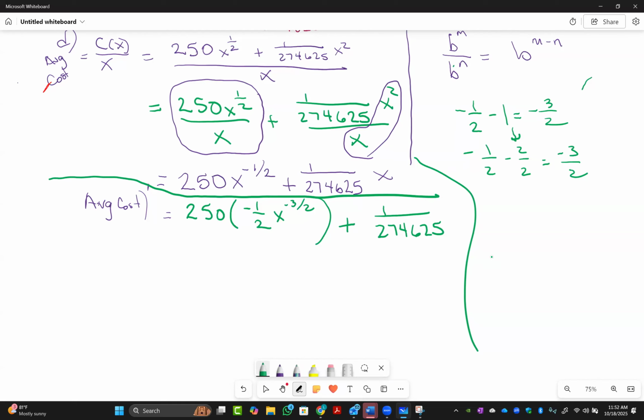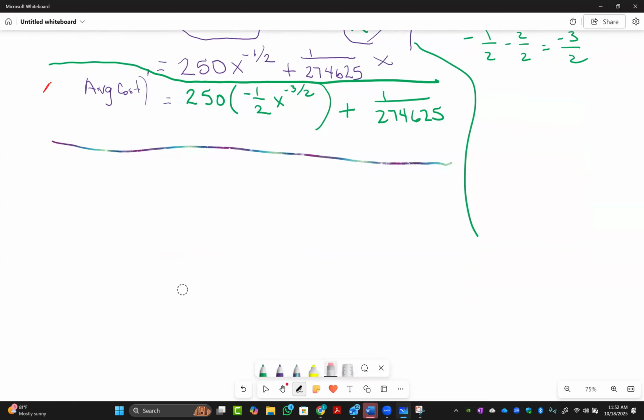No. Okay, so where did I lose you? I guess because of the division, there's just no derivative for that. That's the reason why we leave it as is. Let me show it to you with the quotient rule, and then I'll show you why we don't need the quotient rule.